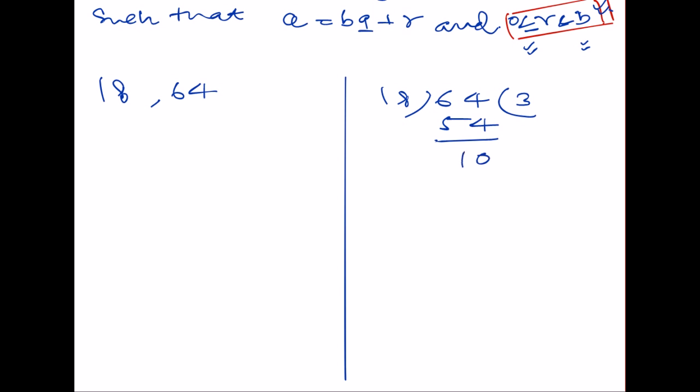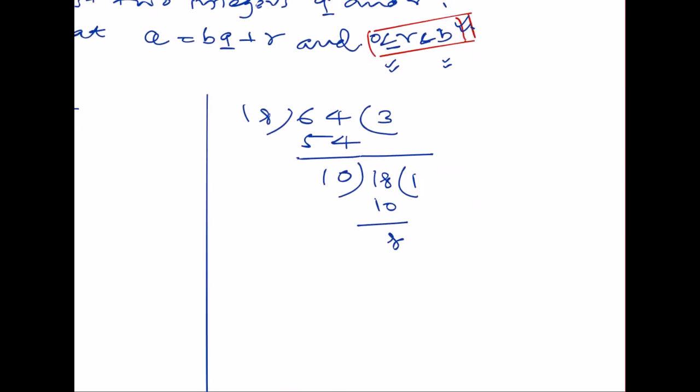Now this is the first step. Now in the next step, this remainder 10 will become the new divisor in place of 18, and 18 will become our dividend. 10 ones are 10 and we are getting remainder 8, right guys?